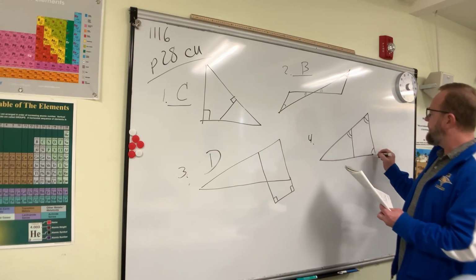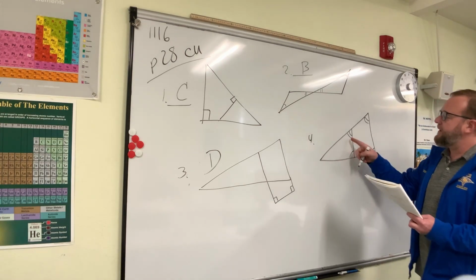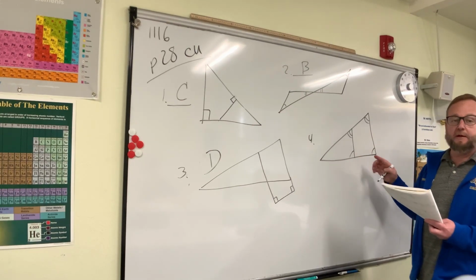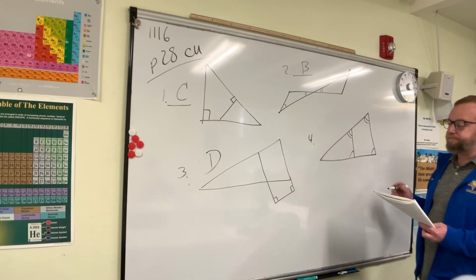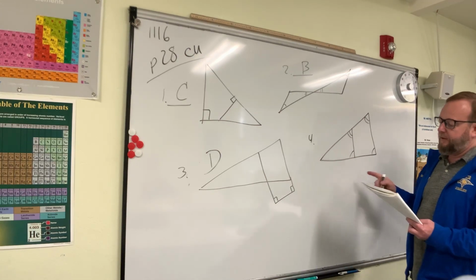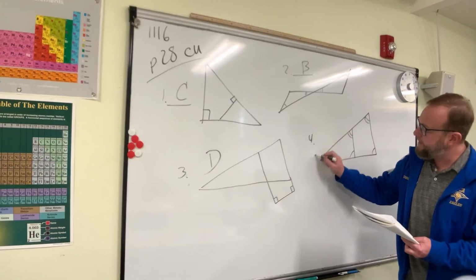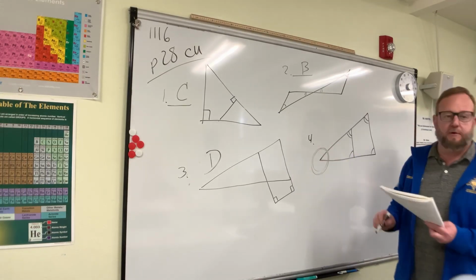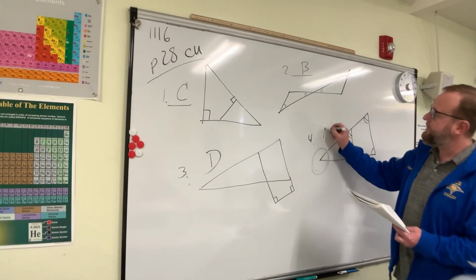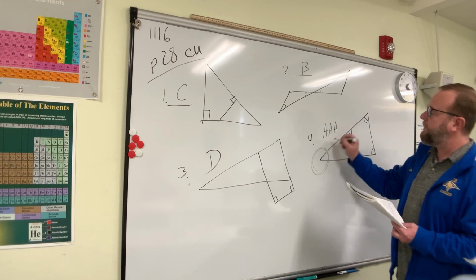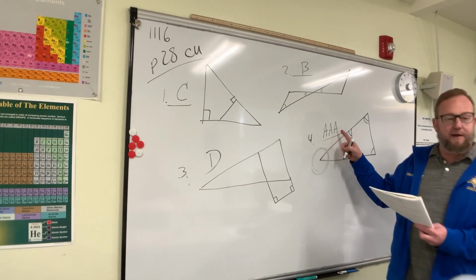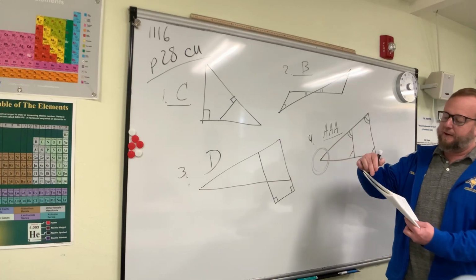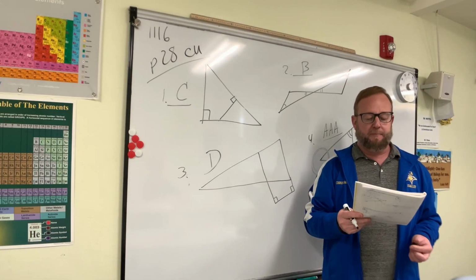Given the markings, you see you have 2 angles that are given to you as congruent inside this triangle. There is a third shared angle. Remember, we're always looking for that third shared angle. So that means I have angle, angle, angle, right? For this one, it's really just choice A. Angle, angle, angle, similarity postulate.